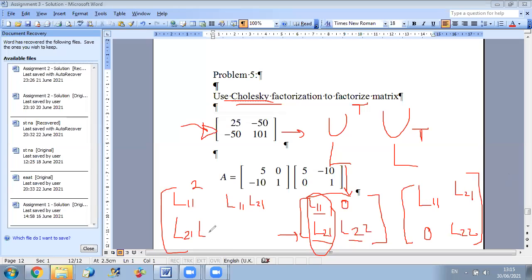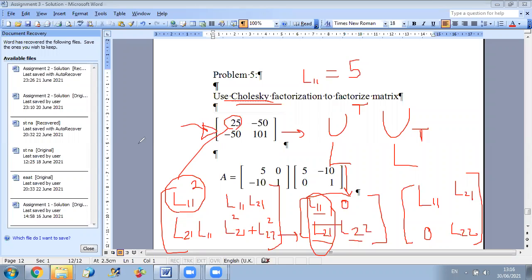And finally, the second row with the second column gives L21 square plus L22 square. Okay. Now if I use the comparison, L11 square must be equal to 25. So I get that L11 is 5.